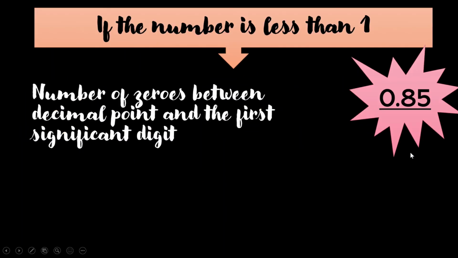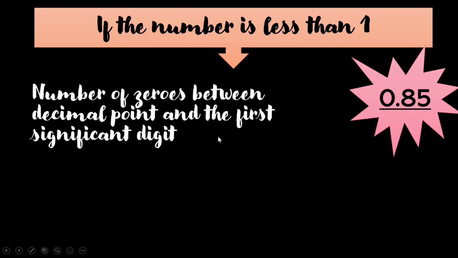Let's make a short conclusion of what we have seen. We calculate the number of zeros between the decimal point and the first significant digit. Which is the first significant digit? It is 8. And the decimal point is here. Is there any zero in between them?